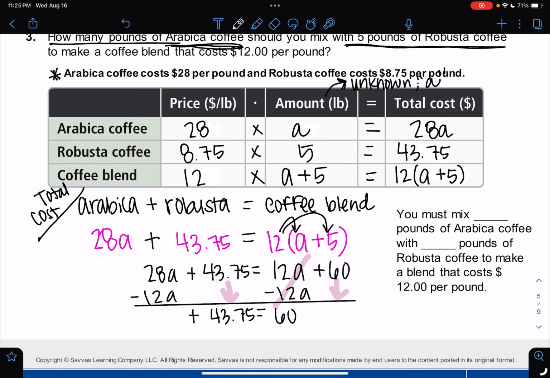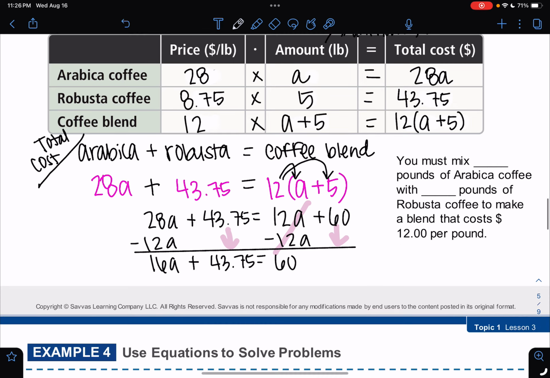All right, and then 28A minus 12A is 16A. Next, I'm going to subtract 43.75 from both sides. Okay, it's gone there, and I'm dropping down my 16A. And I'm just going to subtract there.